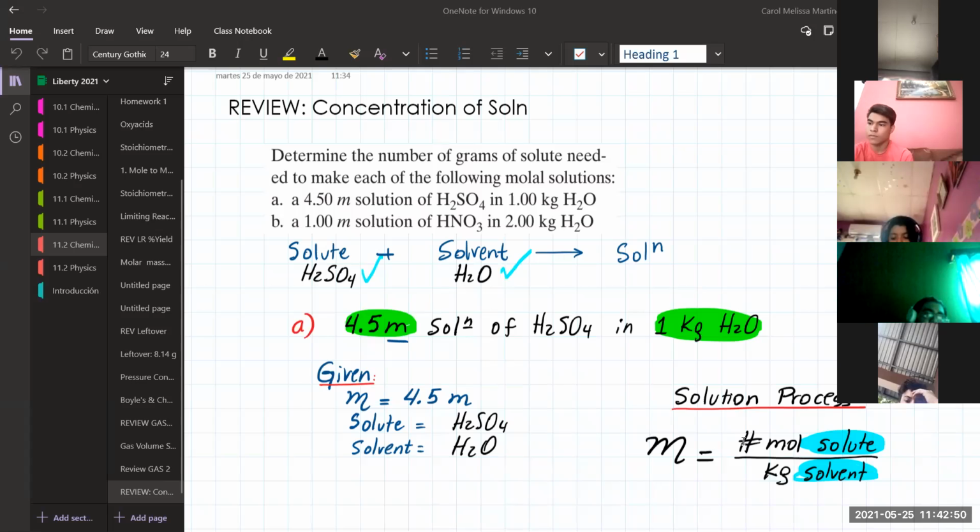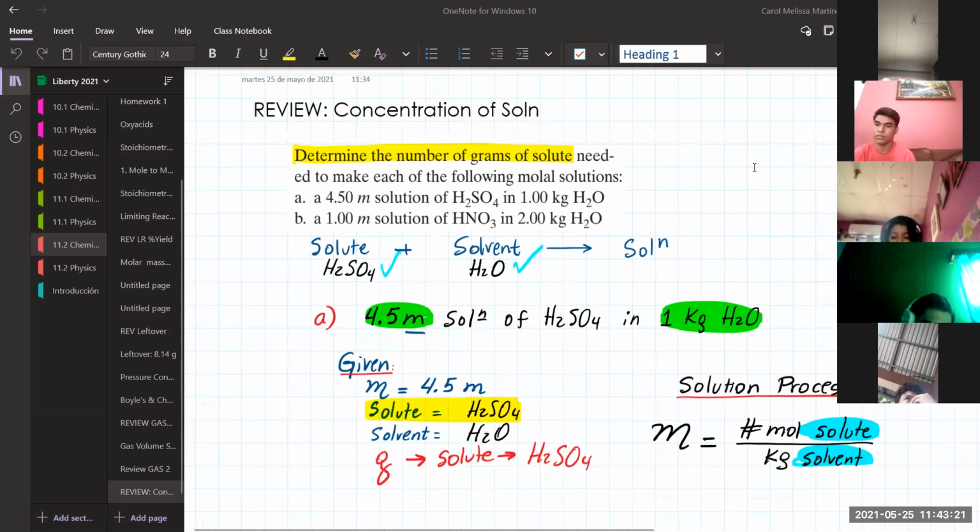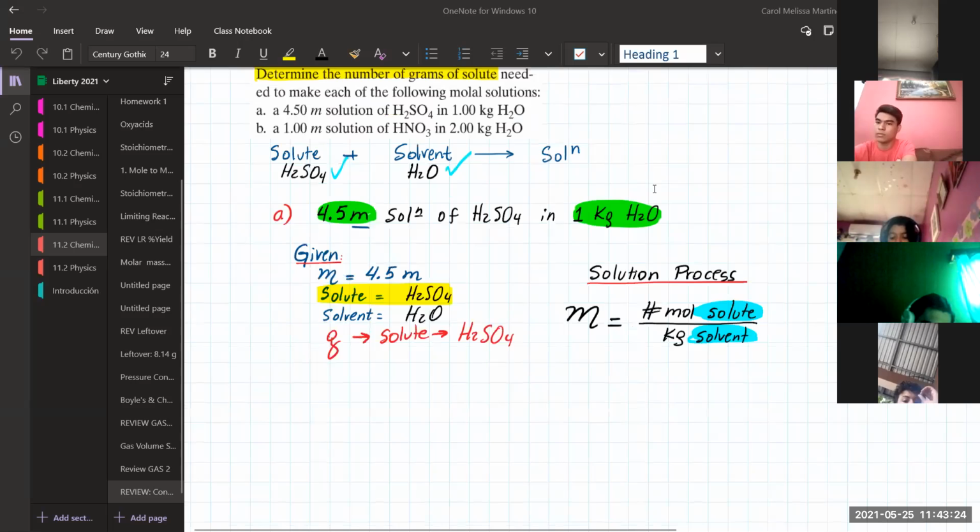Now, what do we need to get? According to the problem, it says determine the number of grams of solute. Okay, so I need to know my solute. So I need to know the grams, the mass in grams of H2SO4. This is my unknown, and this is what I'm going to focus on. So let's see.